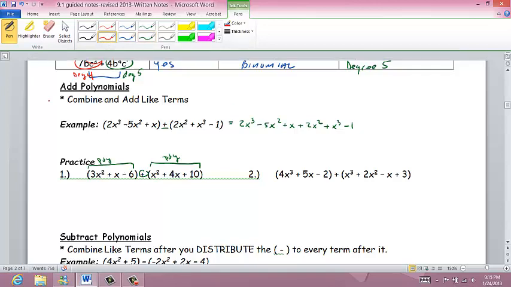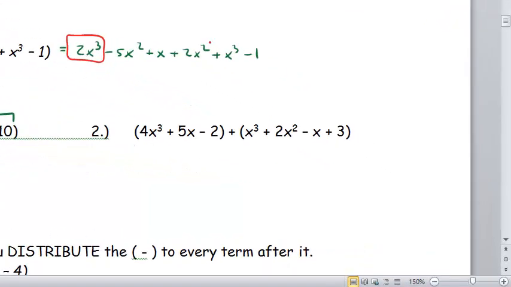Now, going back to earlier in the year, combining like terms, basically all we do is add and subtract the coefficients of the terms with identical variable expressions. And if you remember, we used to put different shapes around like terms. So if I look at 2x to the third, are there any other x to the thirds I can combine it with? Yes. This x to the third. Then I'll move on to circles.